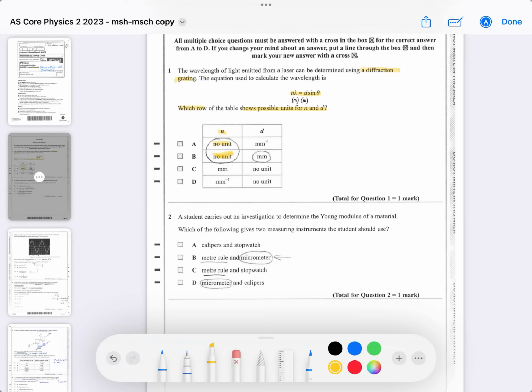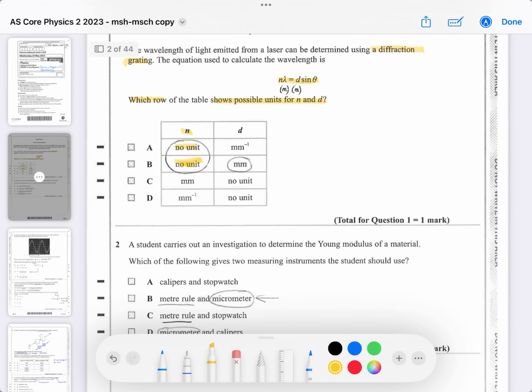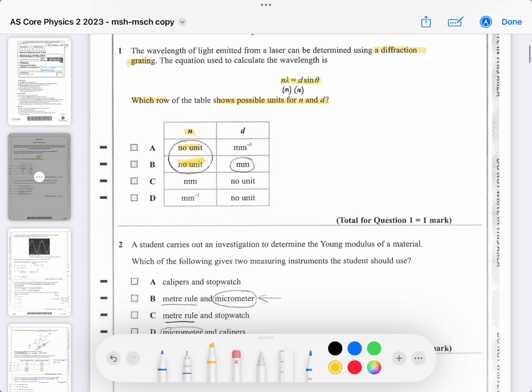And if you think about it, wavelength on the left-hand side of the equation is in meters. So if this is in meters on the left-hand side and n has no units, then sine theta is just a ratio. Remember, it's opposite over hypotenuse, isn't it?